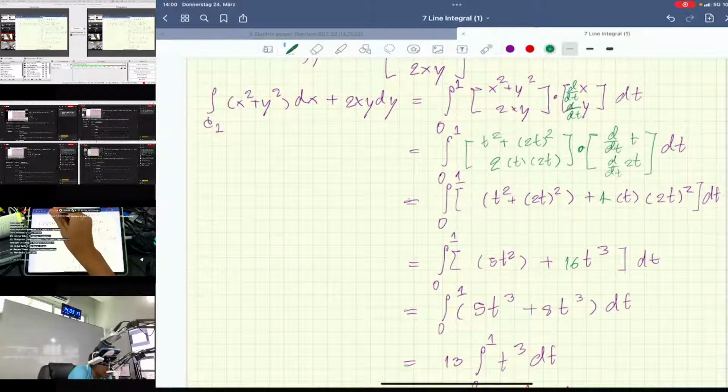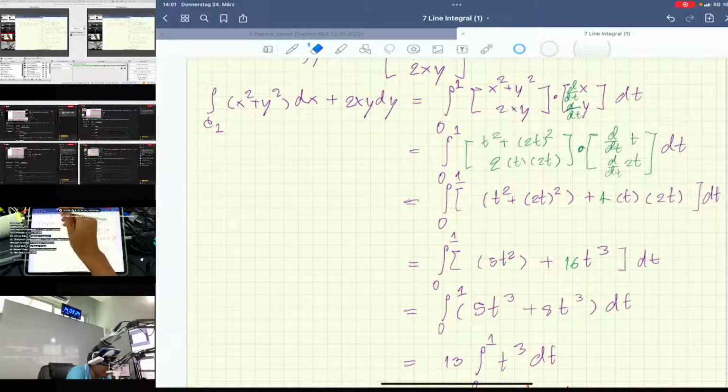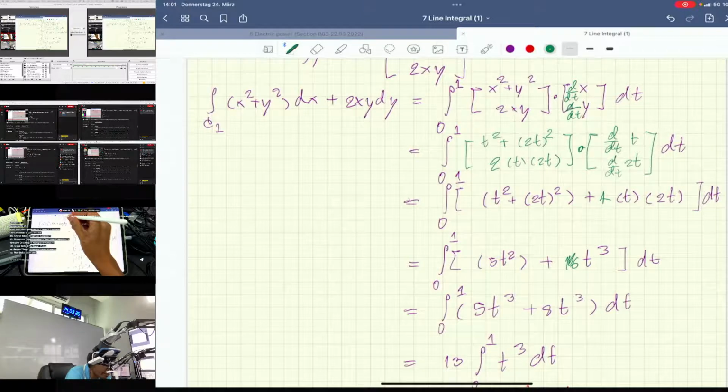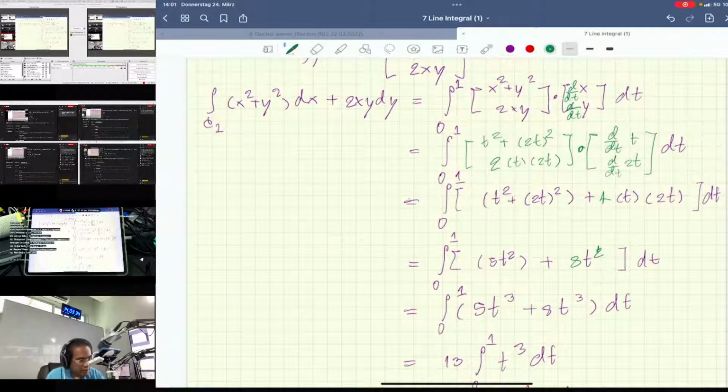T and 2t, sorry. So it's 8t square, 8t square, right?